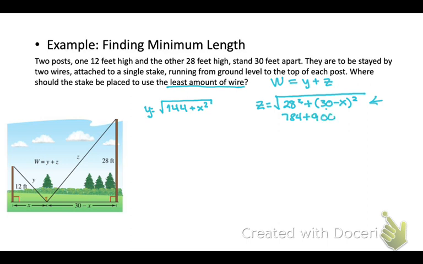Then the sign of the middle, and then it'd be 30 times x times 2, which is 60x, and then plus x squared.